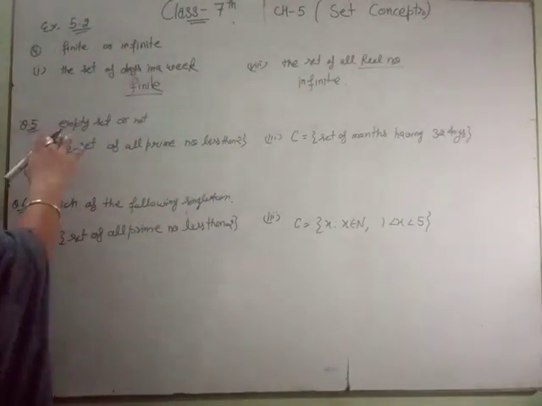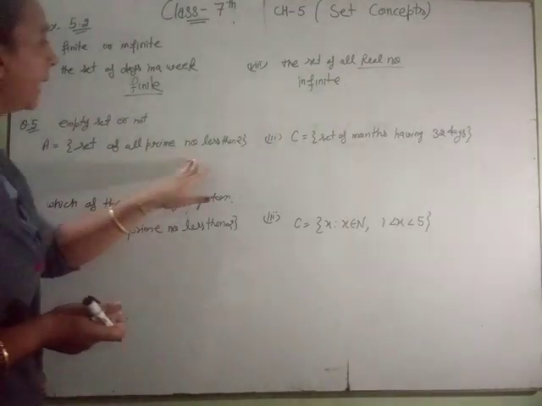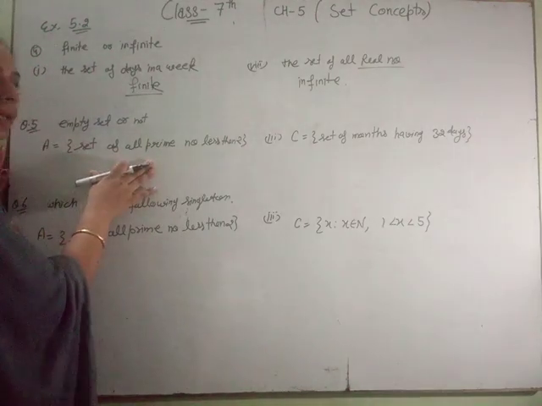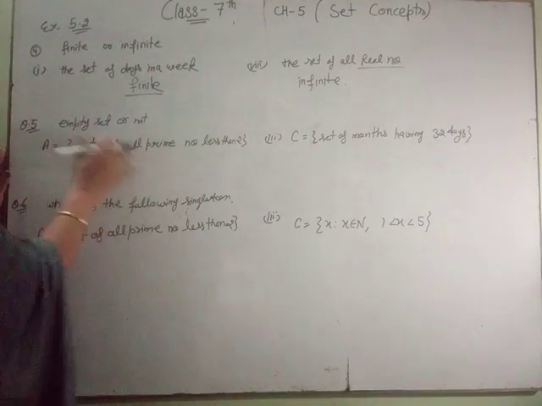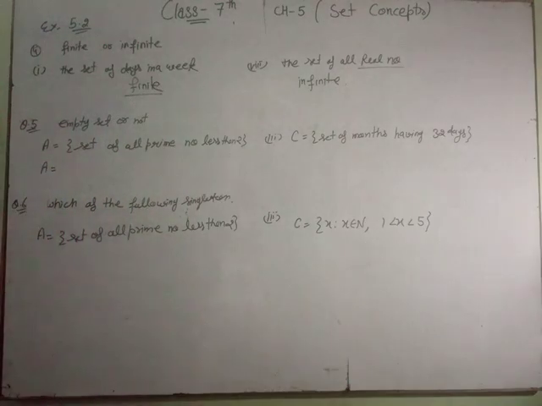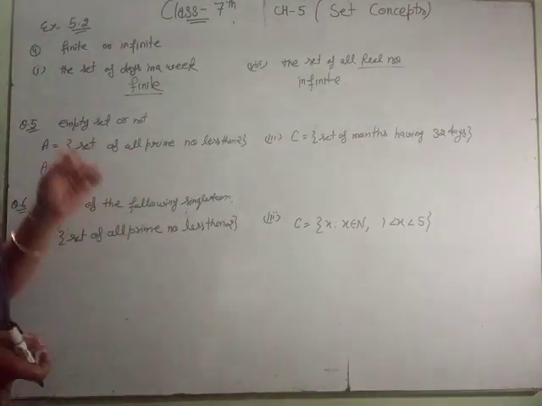Next is question number 5: empty set or not. Are these empty or not? First, set A, the set of all prime numbers less than 2. Student, we know that 1 is not a prime number and not a composite number, and 2 is the smallest prime.